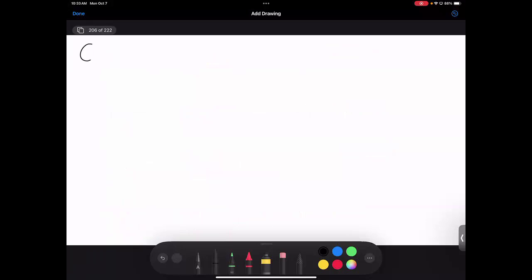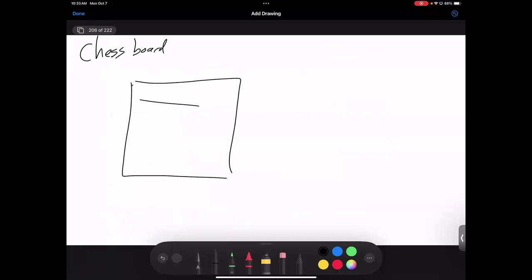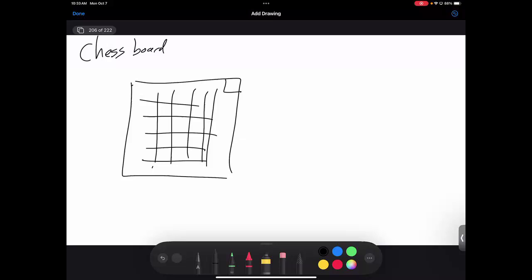There's the chessboard problem. Hopefully people can understand that this is a chessboard. And then what I'm going to do is remove 2 squares. I'll do it like this. Remove 2 corners.